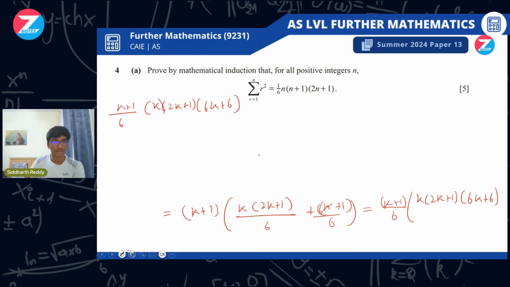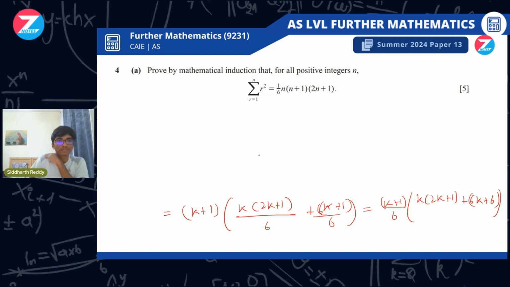Actually, just a second. Plus 6k plus 6. Yeah. So we have k plus 1 by 6 into k into 2k plus 1 plus 6k plus 6.